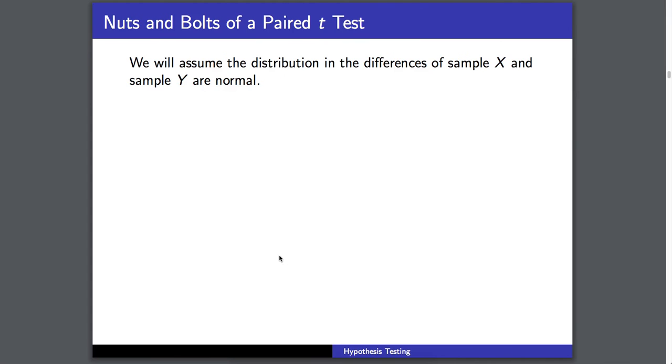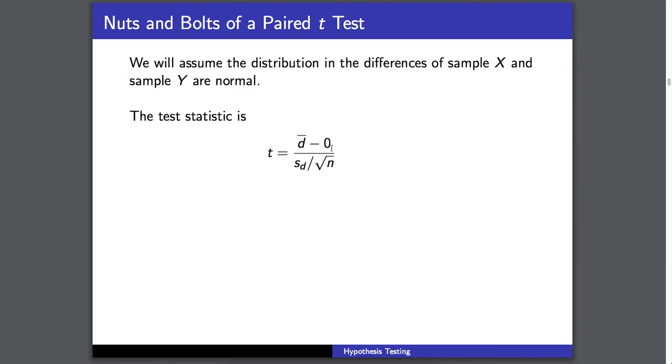All right, so for our paired t-test or our matched pairs test, we're going to assume that the distribution of the differences of sample X and sample Y is normal. The t-test statistic is found by taking the mean of the differences between the two samples, minus our assumed population difference of zero.